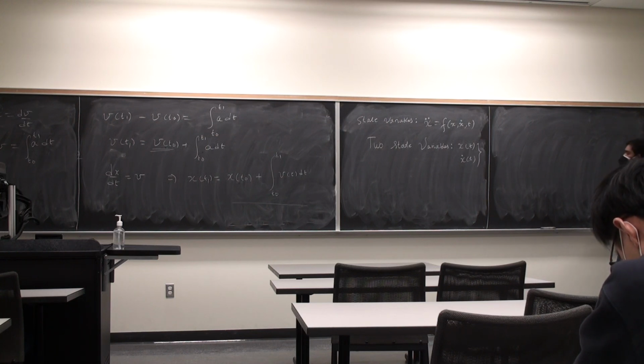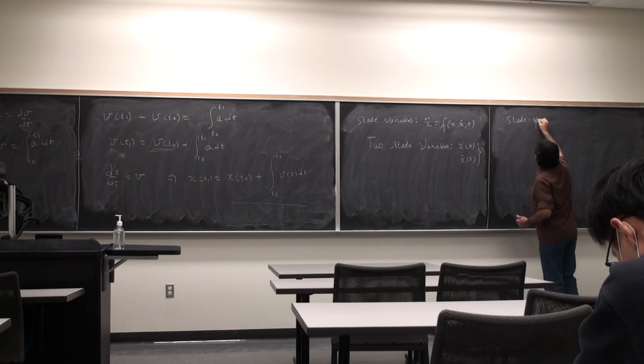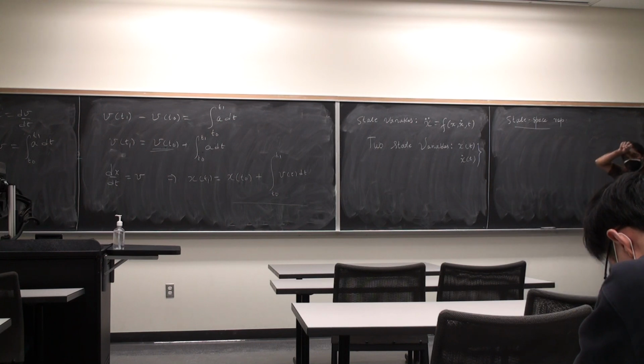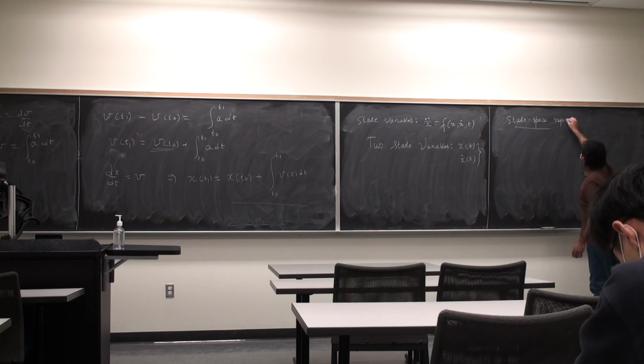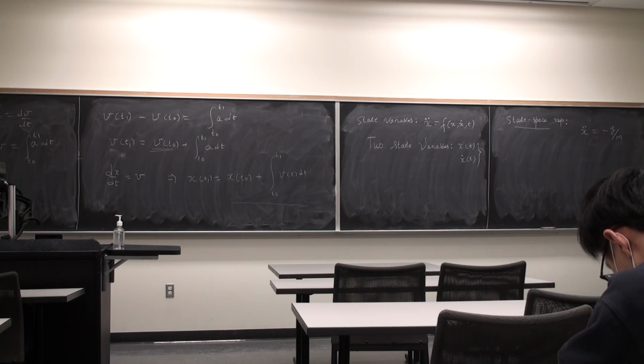Okay? So for example, the state space representation. Once again, I believe you would have seen this in system dynamics or some kind of a course of that sort, but it also is a function of who teaches those courses. So I'm just refreshing your memories. Okay? So state space representation, let me just take a simple equation. X double dot is minus g by m. It's some random equation.